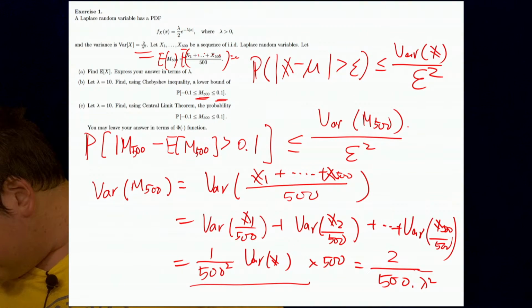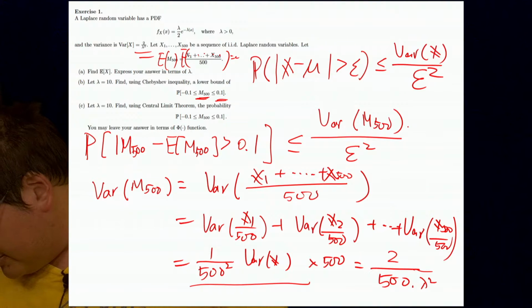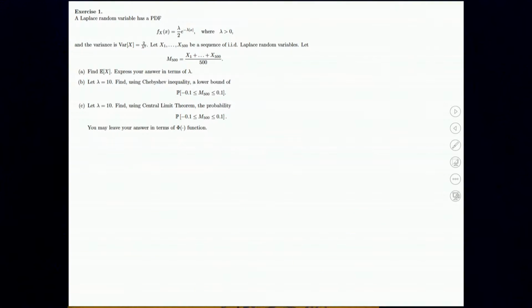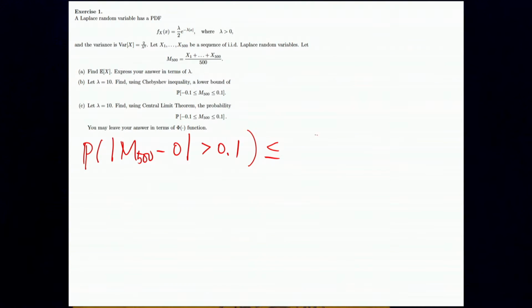So next, actually, it will be the probability of M500 minus 0 greater than 0.1. That is then less than the variance of X divided by n times 0.1 squared.